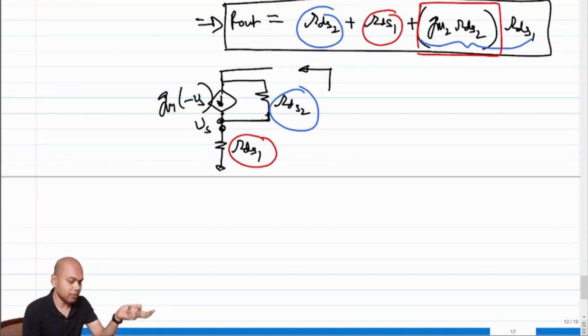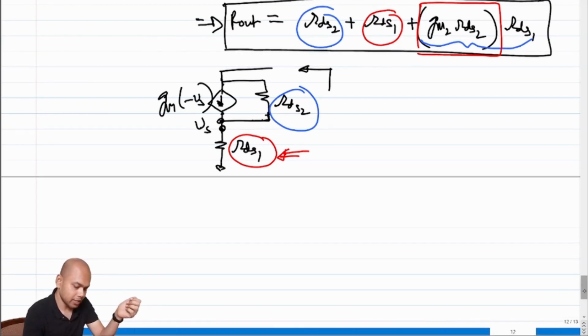It would only have been RDS1, but in the presence of the current buffer, the output impedance has increased from RDS1 to RDS1 plus RDS2 plus some additional resistive term, which happens to be the dominant term, right?